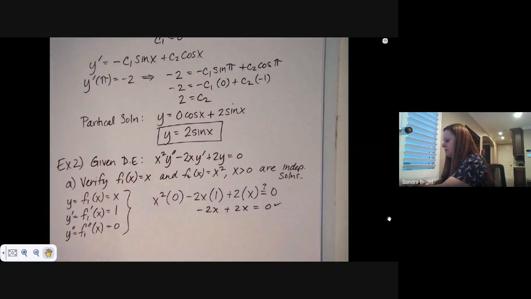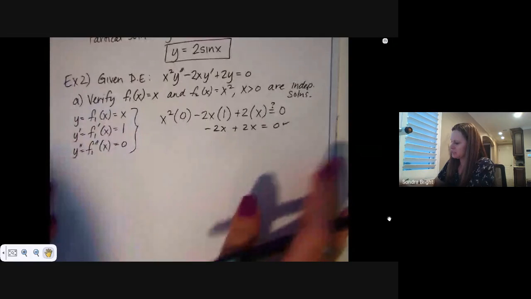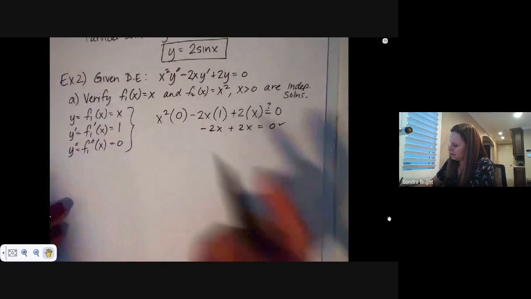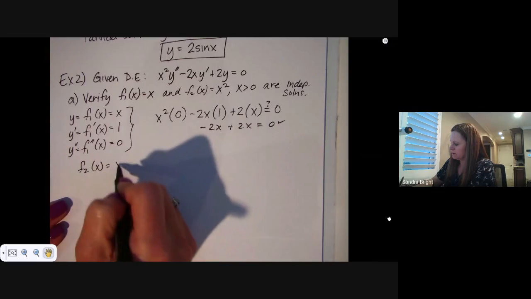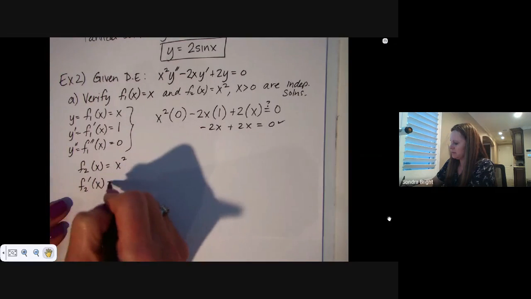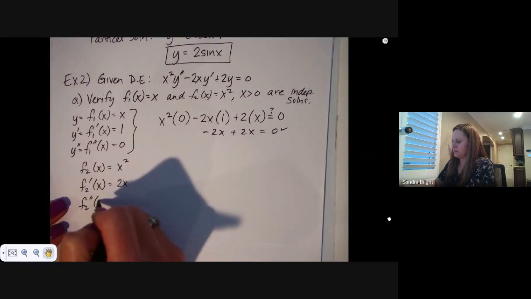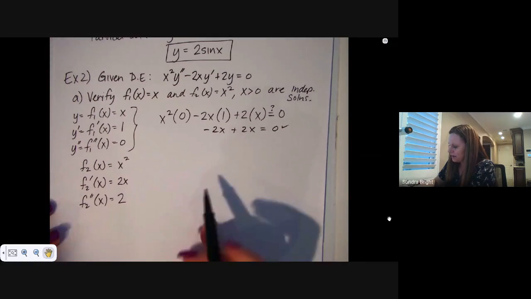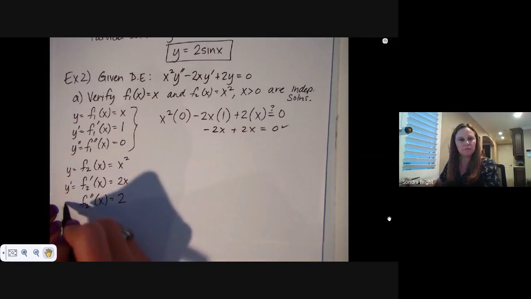Let's do the same thing with f2. So here's another function that we're seeing, does it satisfy this? So for f2, that's x squared. First derivative would be 2x. Second derivative would be 2. Remember, you're plugging these into y, this one into y prime, and this one into y double prime.